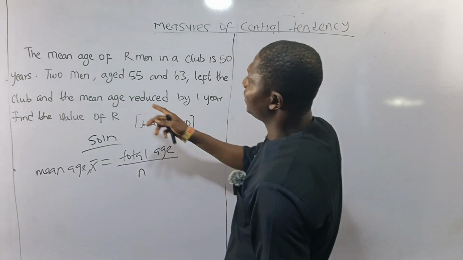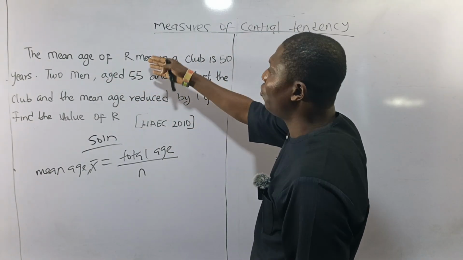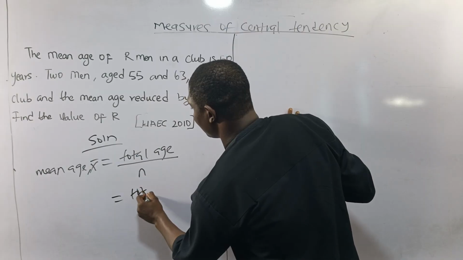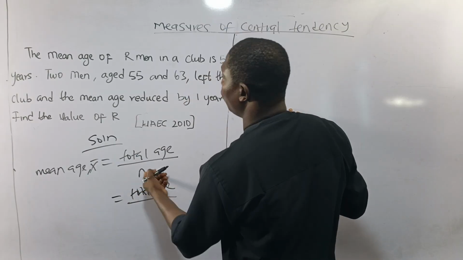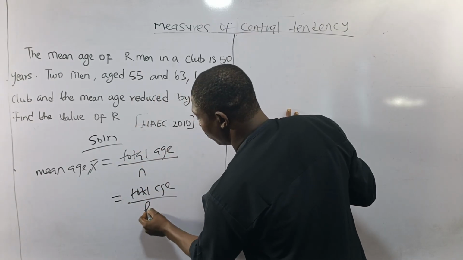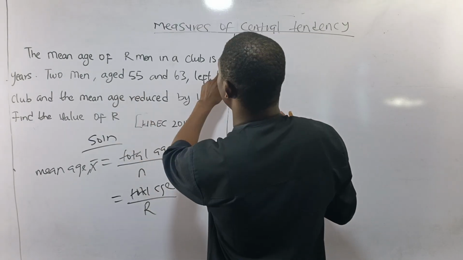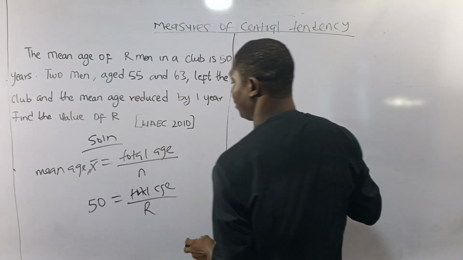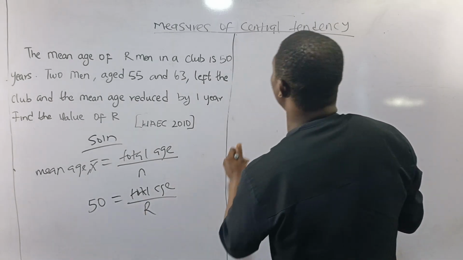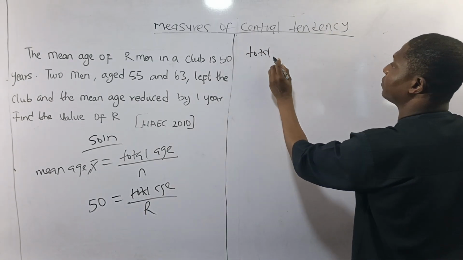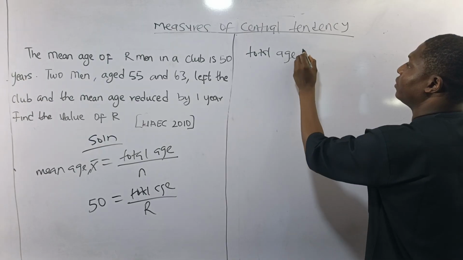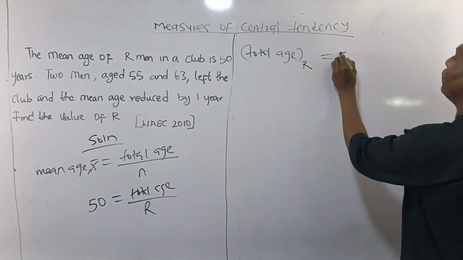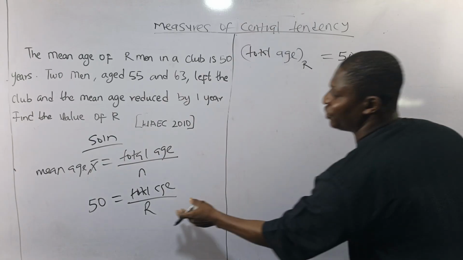The mean age of n men, where n is the number of men, is 50 years. So we have total age over n, and the total age of n men will be 50 times n when you cross multiply.